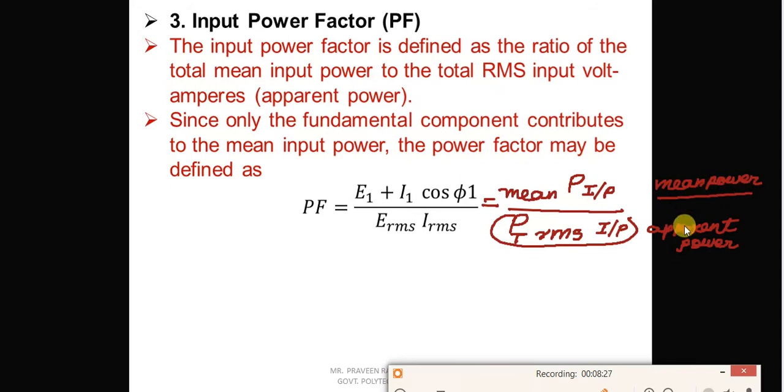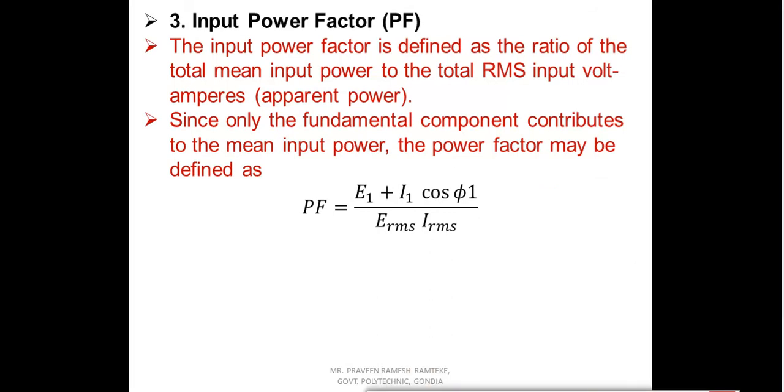Both are power, with voltage and current in each, but apparent power is the product and mean power is the one with the cosine term. So now the power factor is equal to I cos phi divided by I RMS.